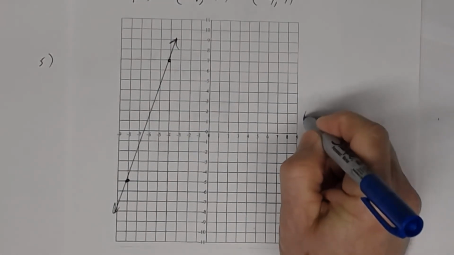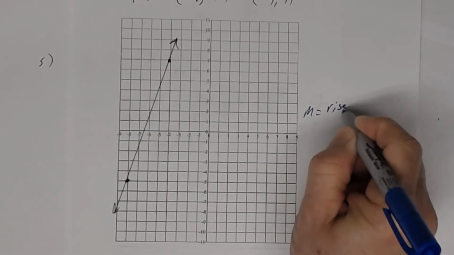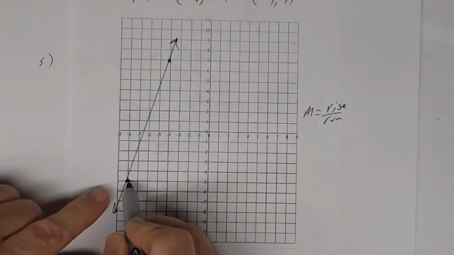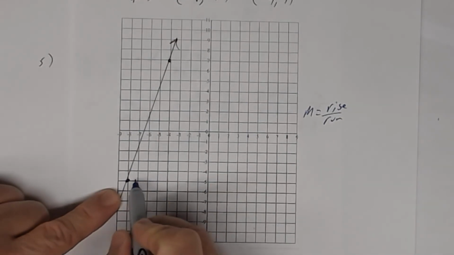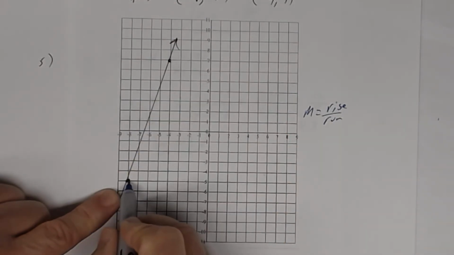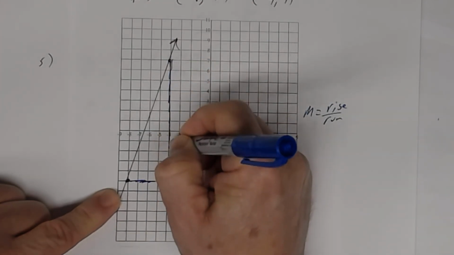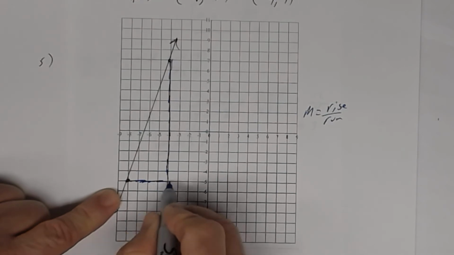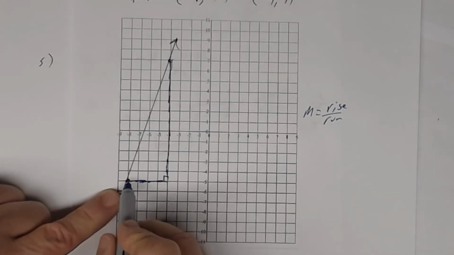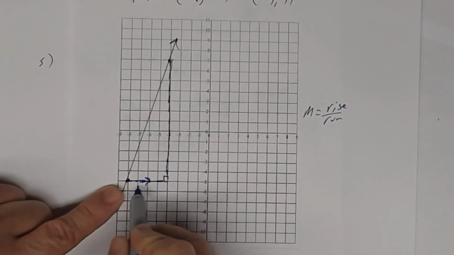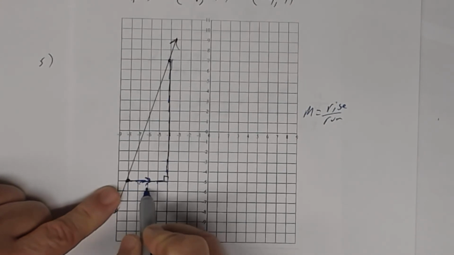All right, so let's do rise over run. Slope is rise over run. Let's start with this one, and then let's go this way, and then going up, and let's just make sure we draw a right triangle. All right, so there's my right triangle. Starting here, I went to the right 1, 2, 3, 4.